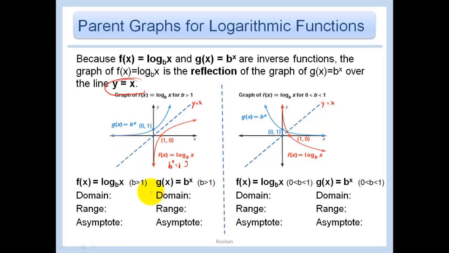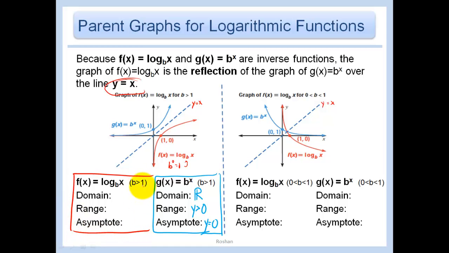Now when looking at the domain and range, let's start with what we were doing before, which was y equals b to the x power, the blue one. And we knew that our asymptote was at y equals 0. We saw that our domain took in all real numbers, and our range only popped out y values greater than 0. So now when we look at the log base b of x, where b is greater than 1, which is the red function here, we just flip all the x and y stuff.